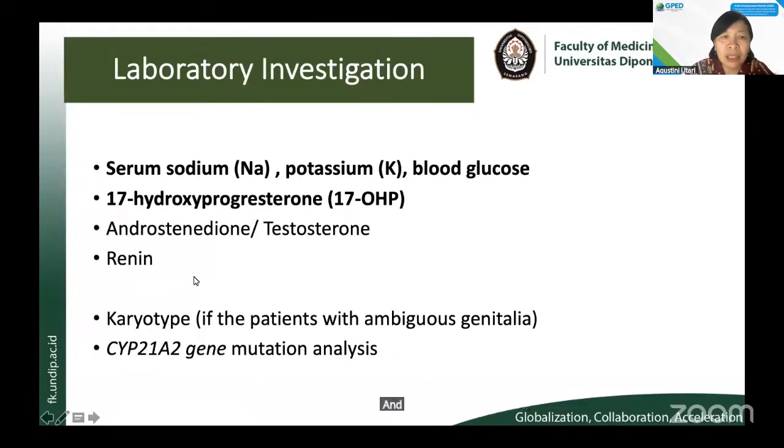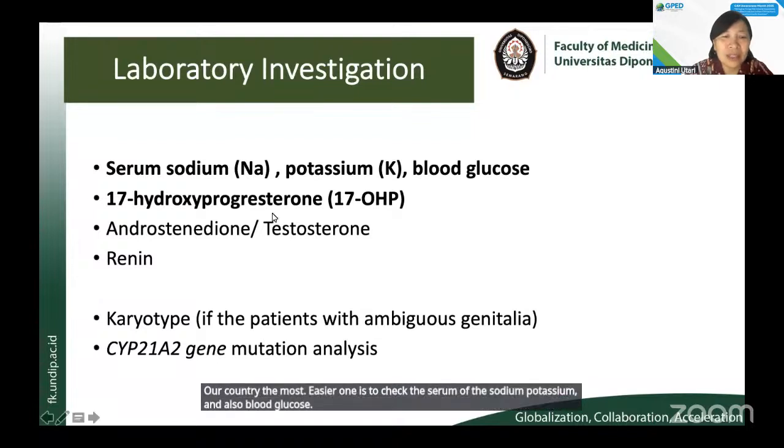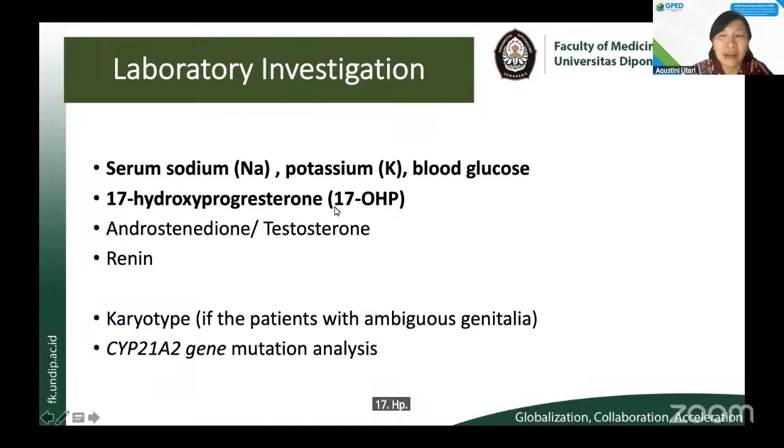And for laboratory investigation, I think in our country the easiest is to check serum sodium, potassium, and also blood glucose. Then 17-OHP, if we have the opportunity to check, and then androstenedione or testosterone and renin.